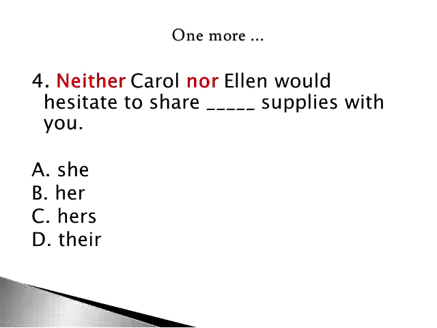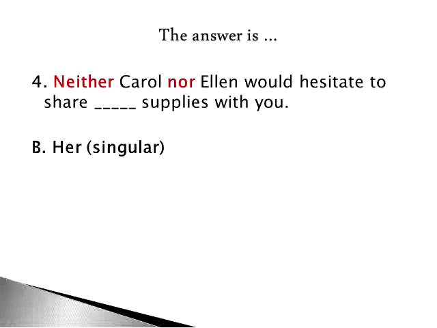Neither Carol nor Ellen would hesitate to share her supplies with you. So this is grammatically correct. When we speak in everyday language with other people, most of us use their. Okay? But this is grammatically correct. It's the her. Singular form.